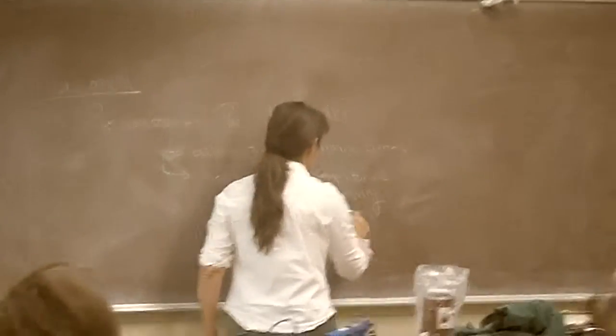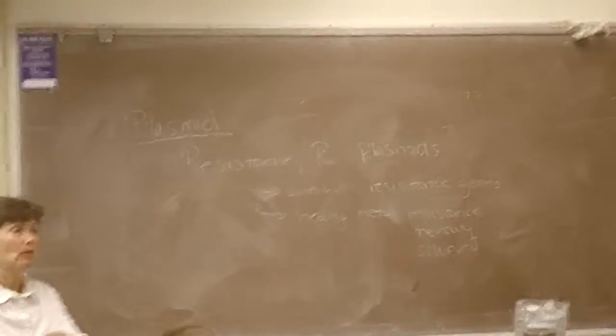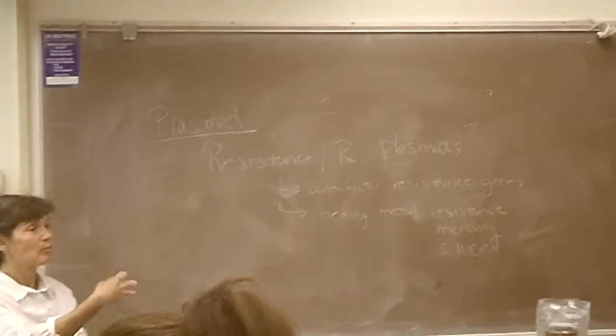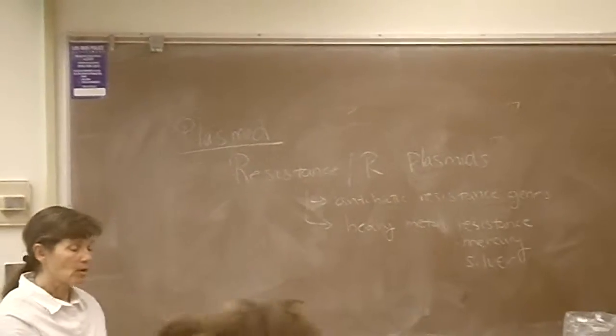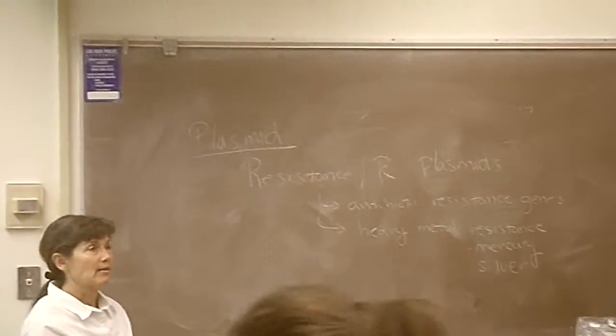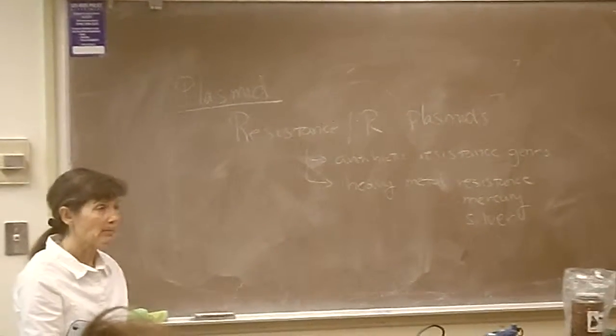Silver was used to treat bacterial infections. So there's been natural selection for bacteria to evolve genes that can help detoxify some of these heavy metals. Well, many of these R plasmids may carry multiple antibiotic-resistant genes or heavy metal resistance.